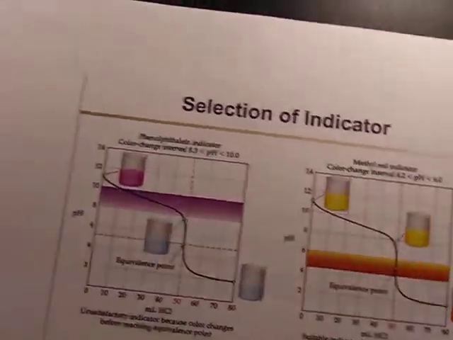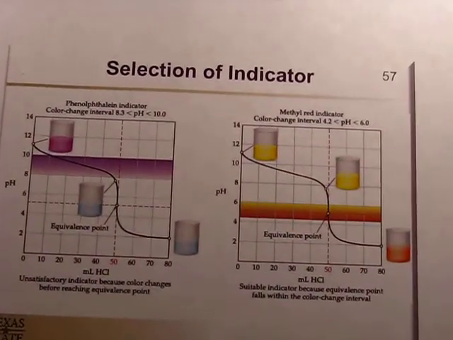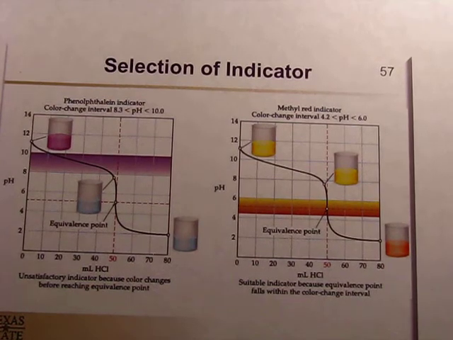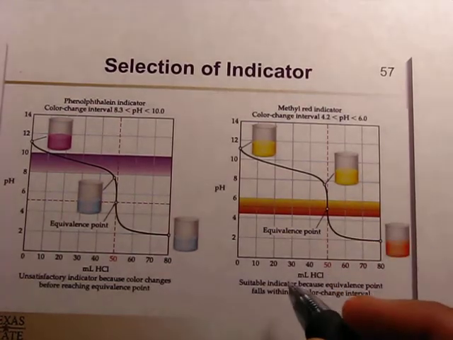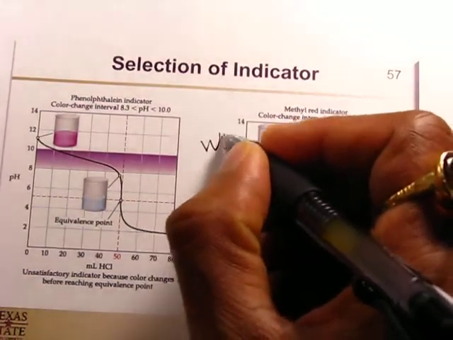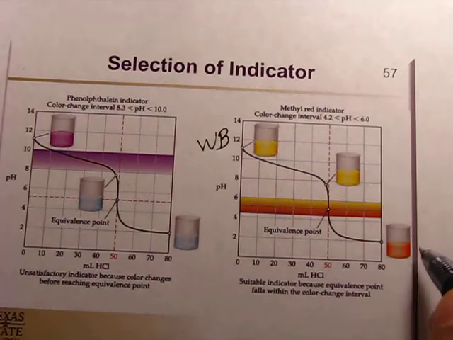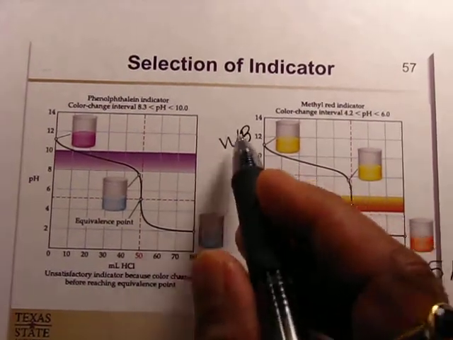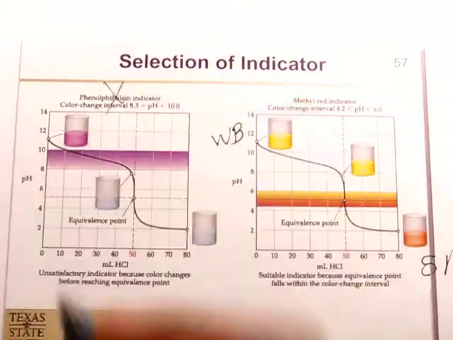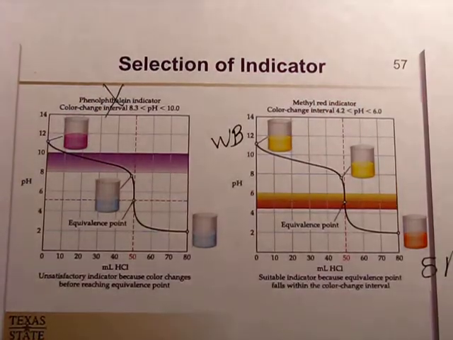And what would be the other titration? Methyl red indicator is good for the weak base and strong acid. For the weak base and strong acid, phenolphthalein is not good, right?